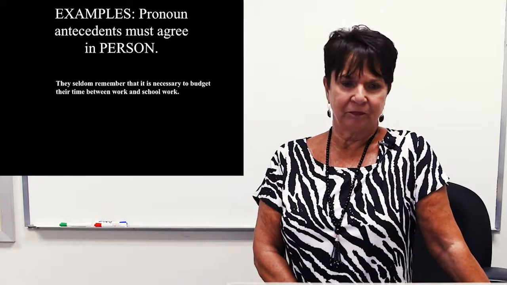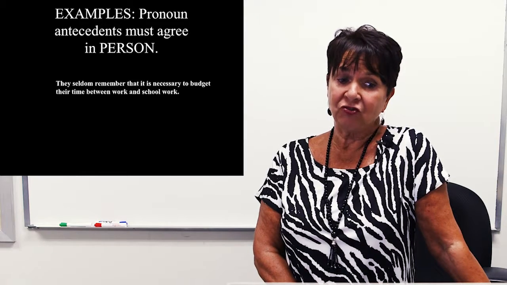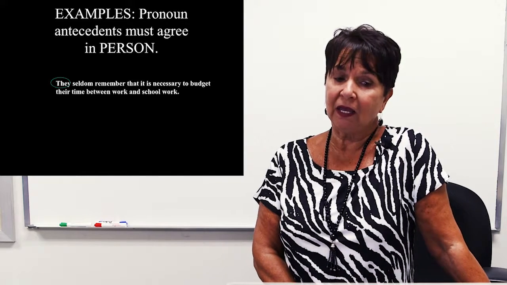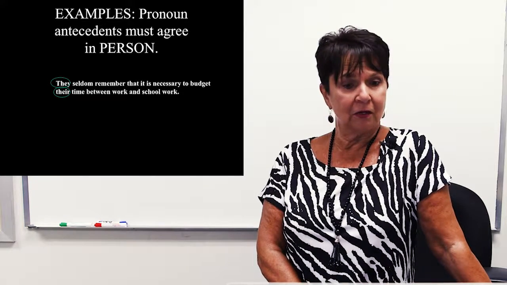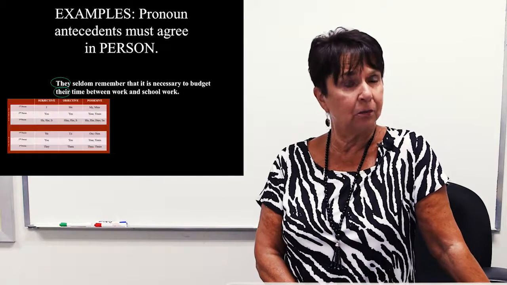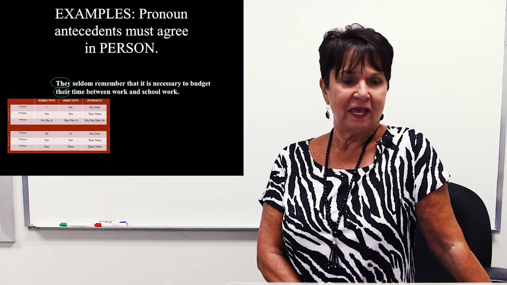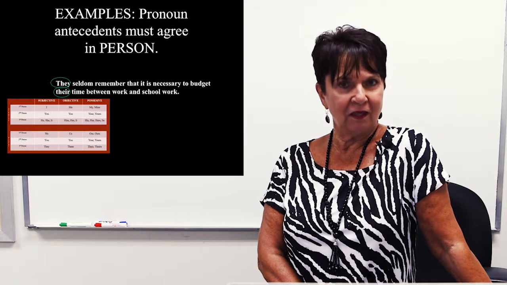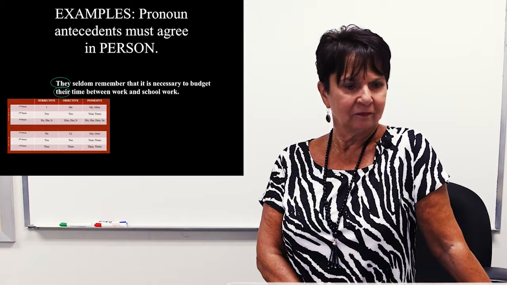How about this one? They seldom remember that it is necessary to budget their time between work and schoolwork. They is a pronoun. There is a pronoun. Do they agree in person and in number? Let's see. Take a look at the chart.